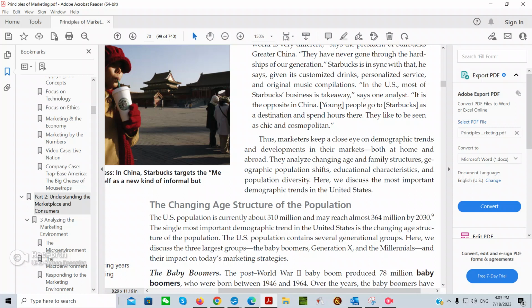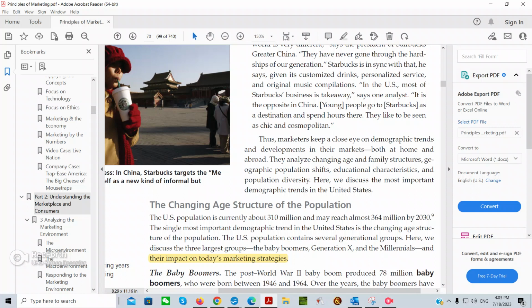The single most important demographic trend in the United States is the changing age structure of the population. The US population contains several generational groups. Here we discuss the largest groups: the baby boomers, Generation X, and millennials, and their impact on today's marketing strategies.